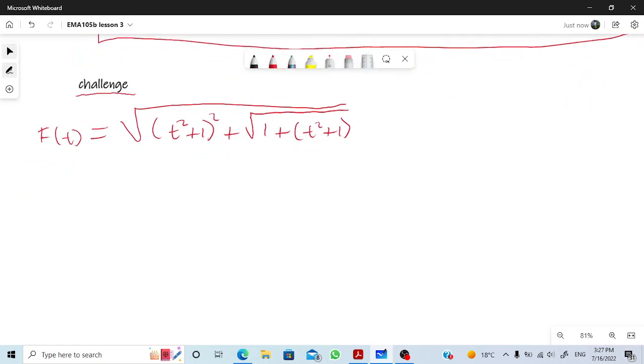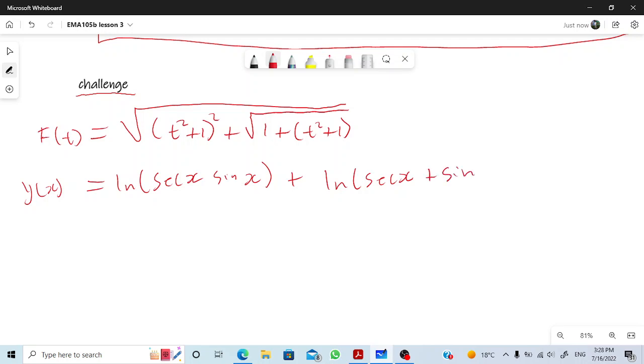Now let me put a second one. The second one, you have y of x equals ln of the secant of x sine x, plus the natural logarithm of sec x plus sine x.